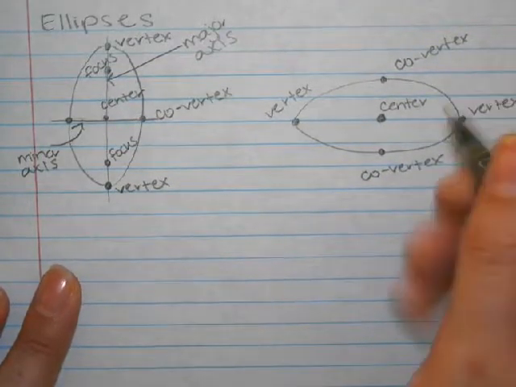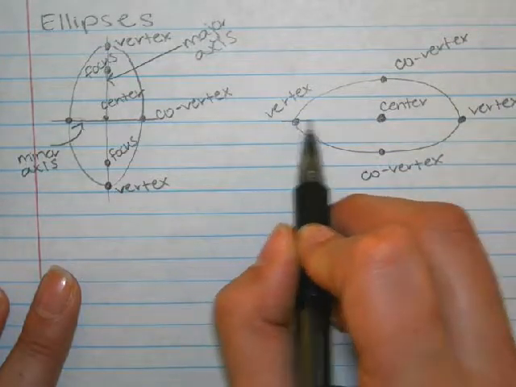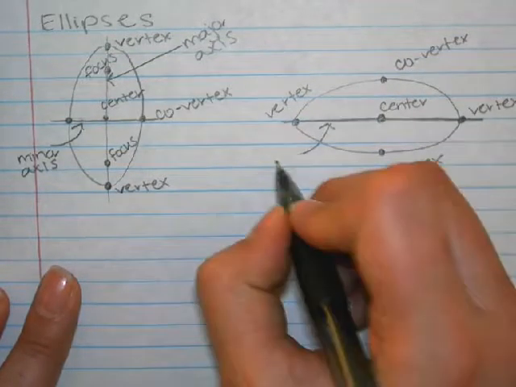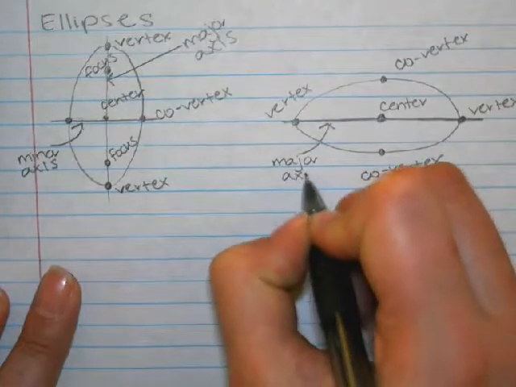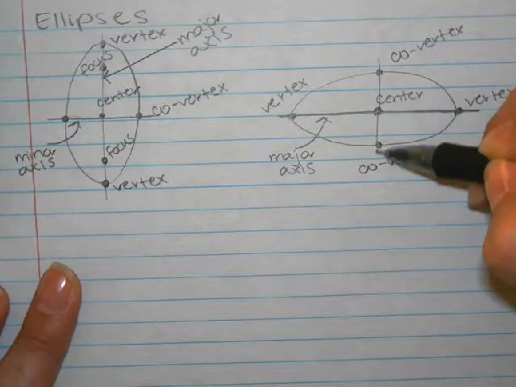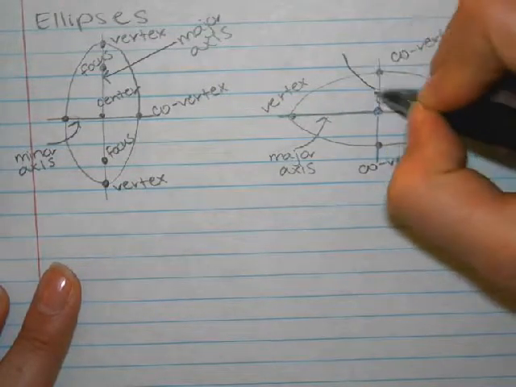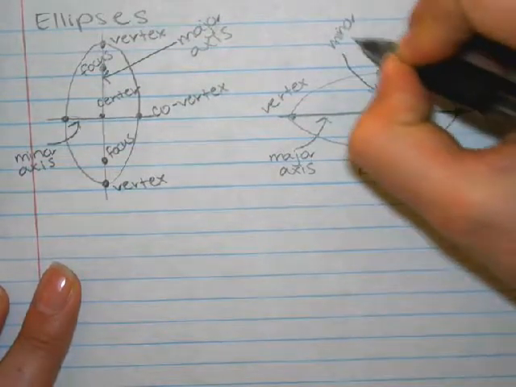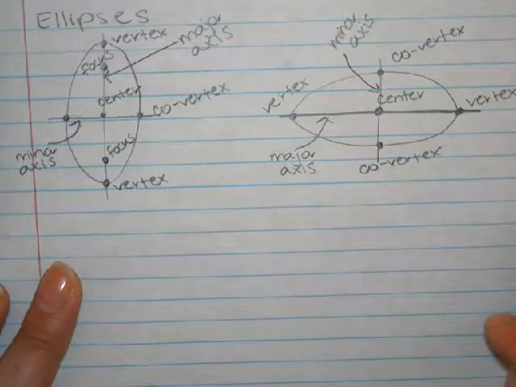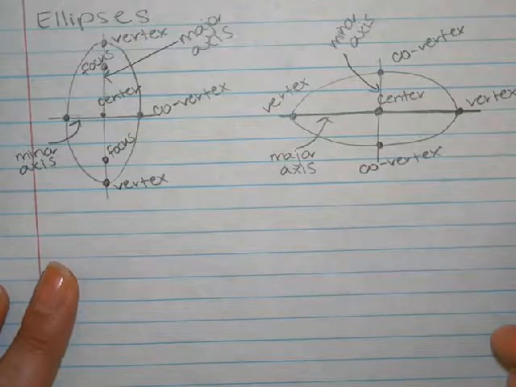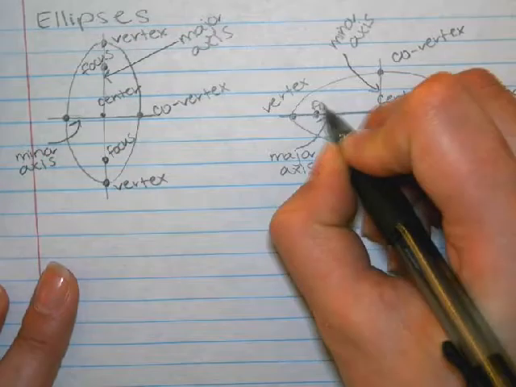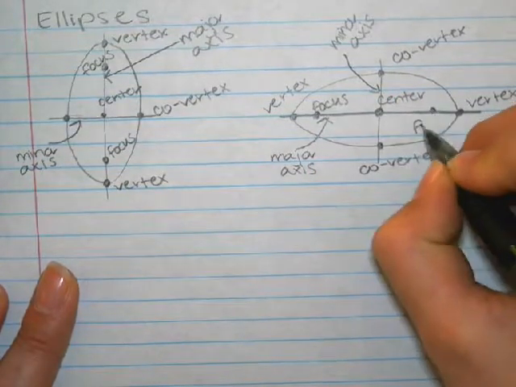We still have the major axis connects the vertices, so this time the major axis happens to be horizontal. Last time it was vertical. And the minor axis still connects the co-vertices. And each focus still shows up on the major axis, and it's still a little bit closer to the vertex than it is to the center. So this is a focus, and this is a focus.